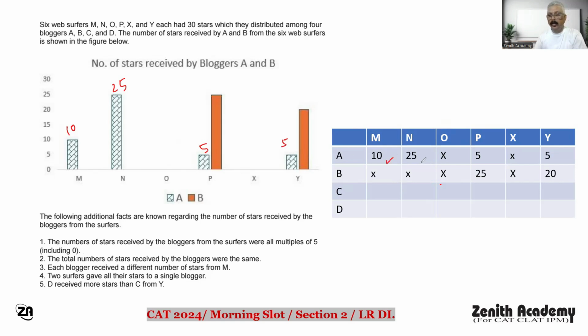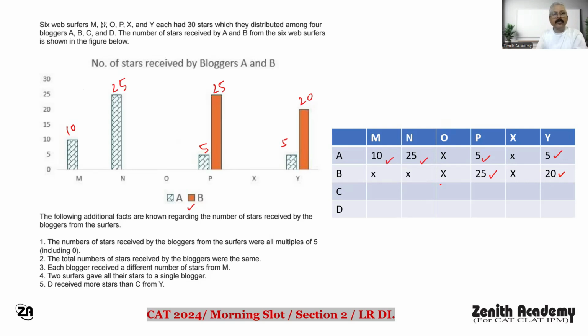So this is 10, 25, 5, and 5. Then about B, B means the yellow bar diagram. B received 25 from P and 20 from Y. 25, 20.